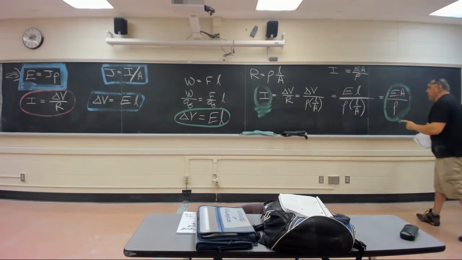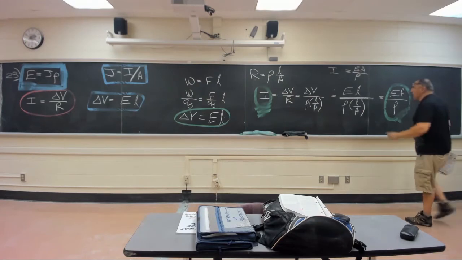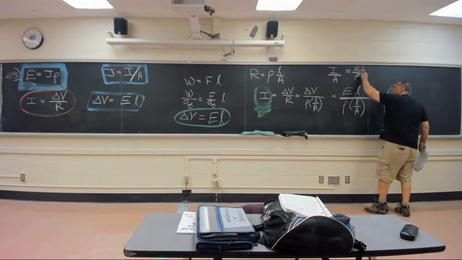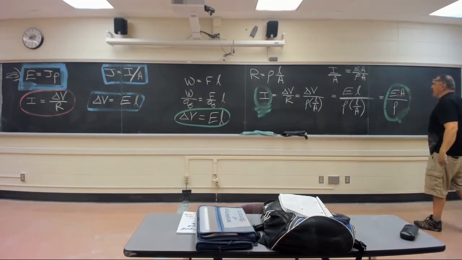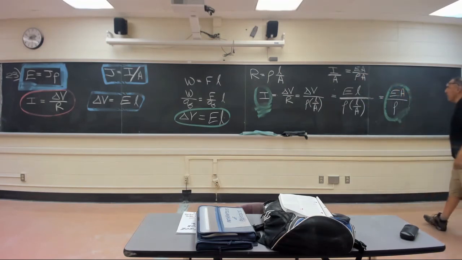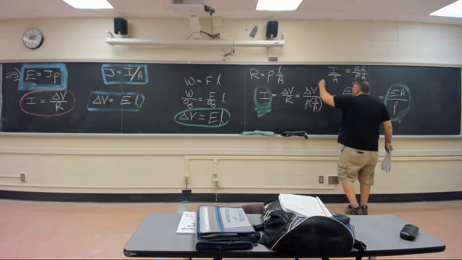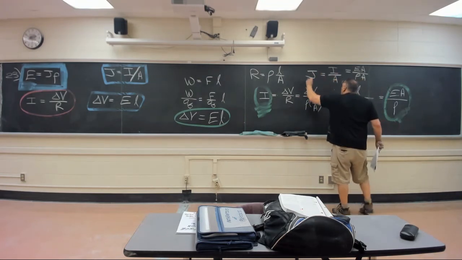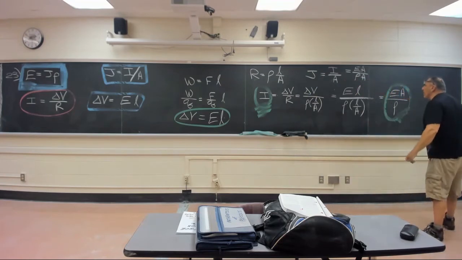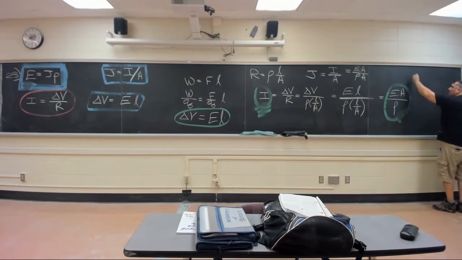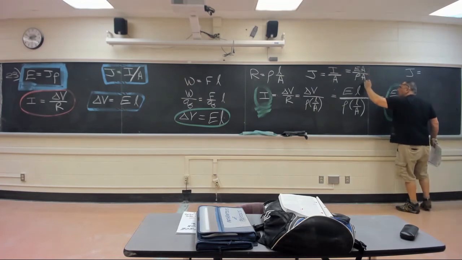Right here we said that was an equation. What if you divide by A on each side? Wait a minute. I over A, way over there, is what J equals. These A's cancel. J equals, the two A's cancel.